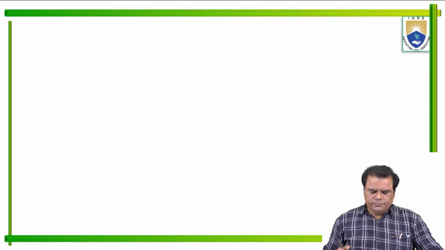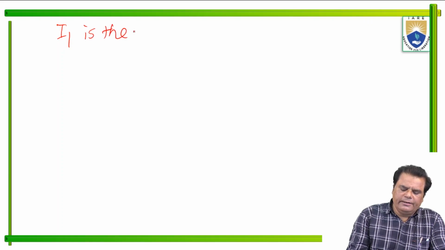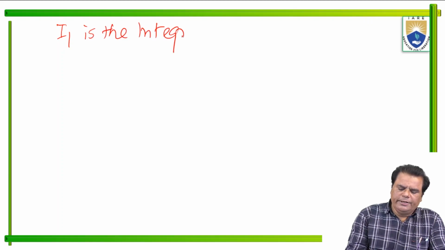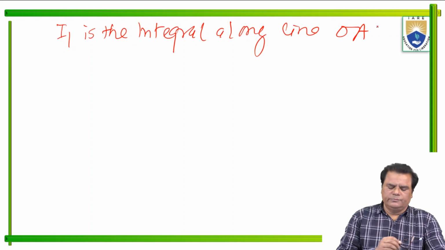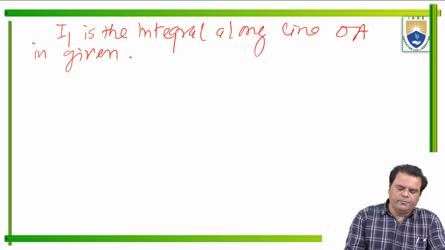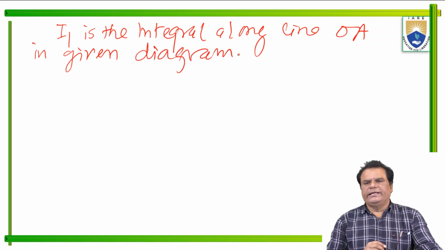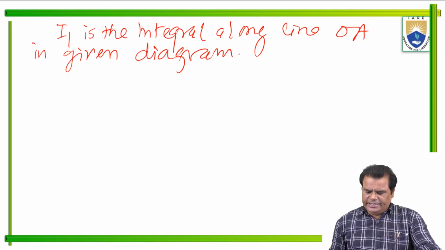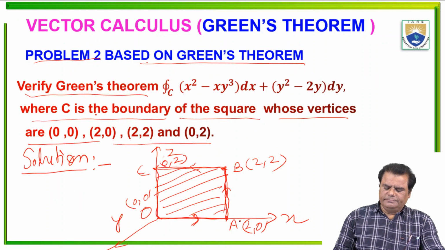I1 is the integral along line OA in the given diagram. So what is along OA? We see that along OA, y equals 0. Along OA, y is always 0.